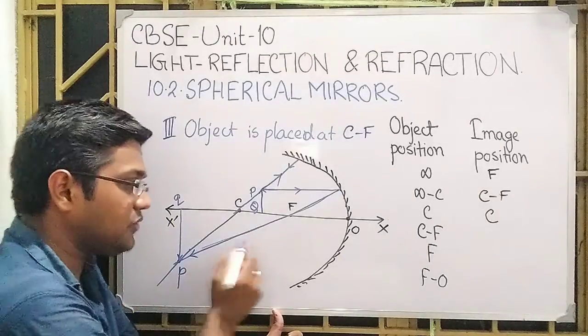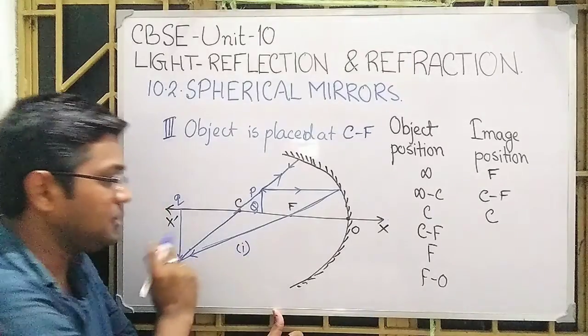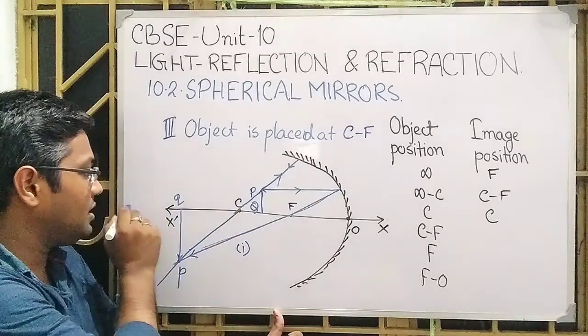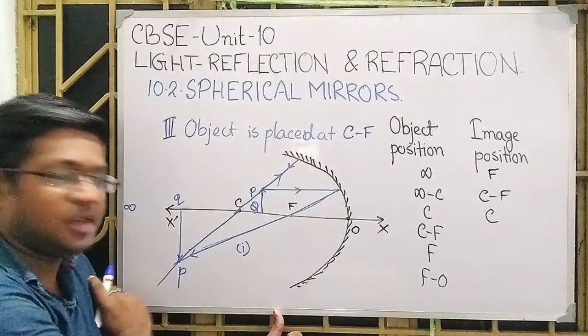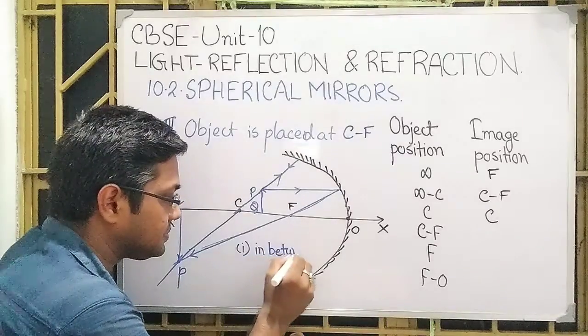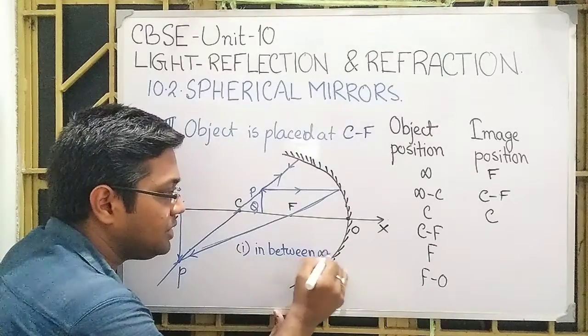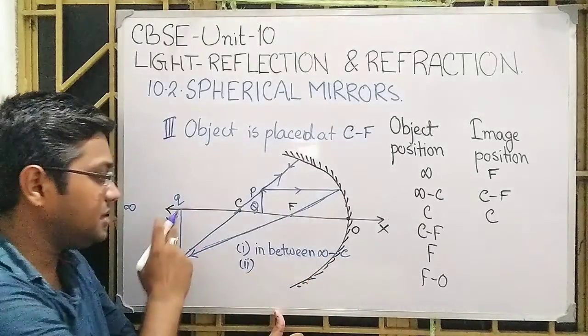Okay, so if I write down the characteristics of it, where the image will be obtained, the image will be obtained in between C and infinity. So we have to write in between infinity and C. Is it real?